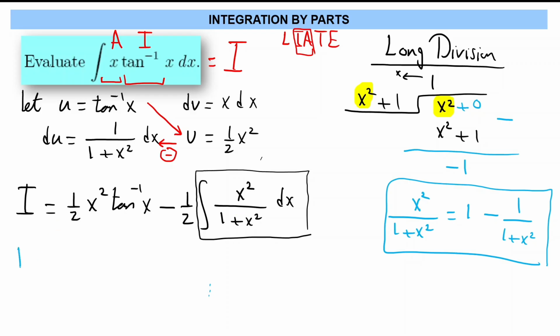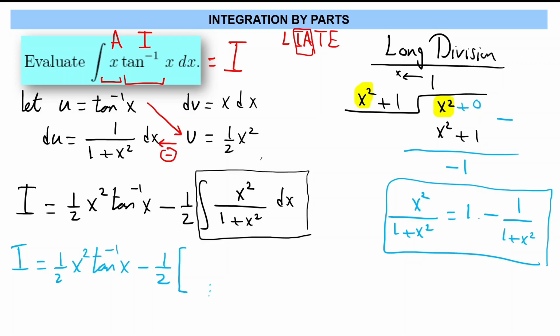So this one will be equal to what? I'll go back to the original equation. So I is equal to, just carry over this term, half x squared tan inverse x. Don't forget the minus half. As I told you before, anything with negative, you need just to use a bracket. So don't forget that you have to distribute this over anything coming.